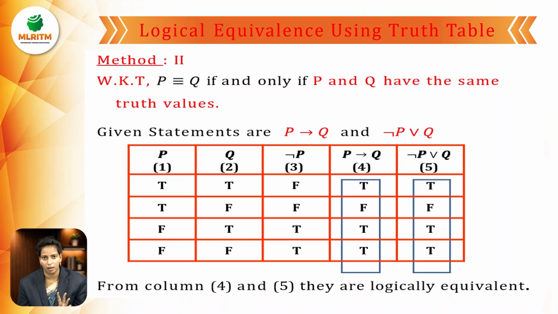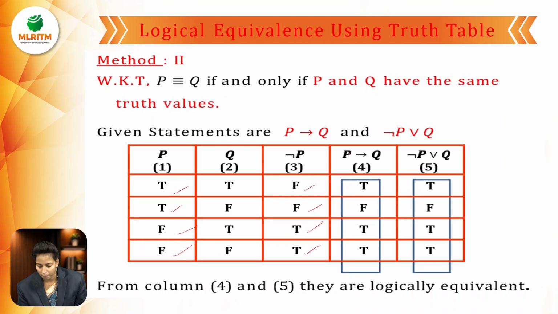Two variables, P and Q. So 2 power 2 gives 4 possibilities: true true, true false, false true, false false. Then apply negation to which variable? P only. If P is true, then negation P is false. If P is false, then negation P is true.